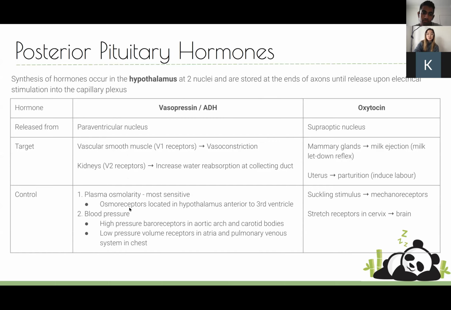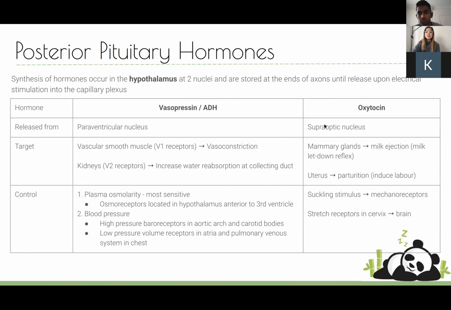It's controlled by your plasma osmolarity, which is quite sensitive, and your blood pressure. Your plasma osmolarity is detected in the hypothalamus via your osmoreceptors, and your blood pressure is detected at your baroreceptors in the aortic arch and carotid bodies, and your low pressure volume receptors in your atria and pulmonary veins.